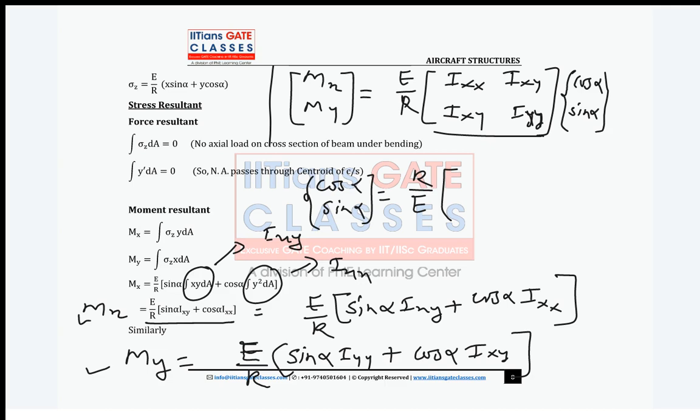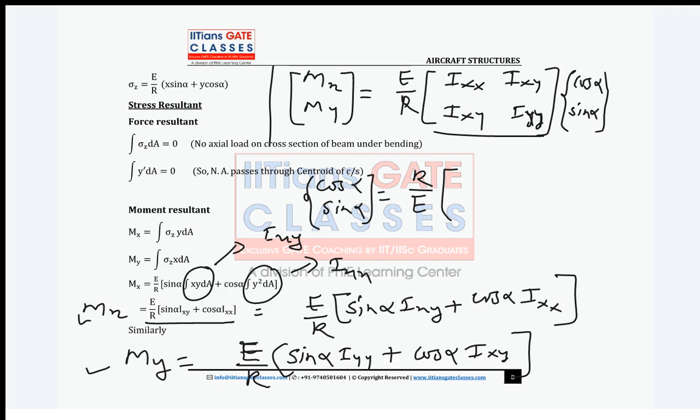You all have done linear algebra, right? Yes, it is Iyy minus Ixy, minus Ixy and then Ixx, not Izz. Others please check this. Is it correct?